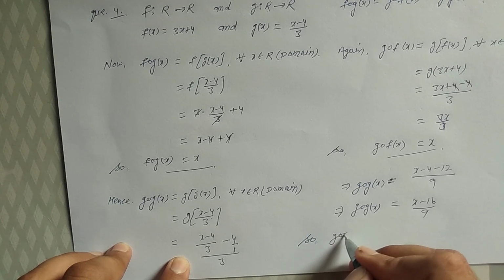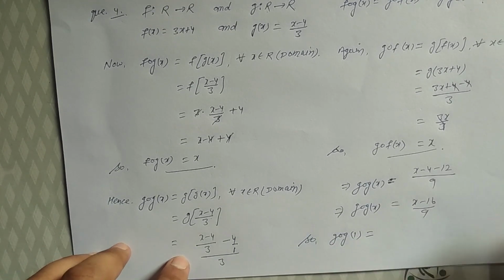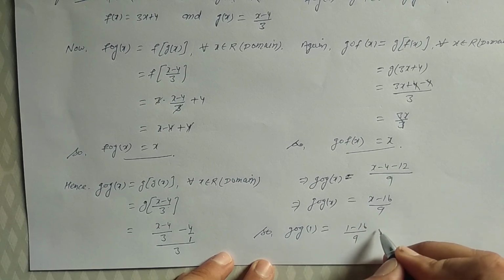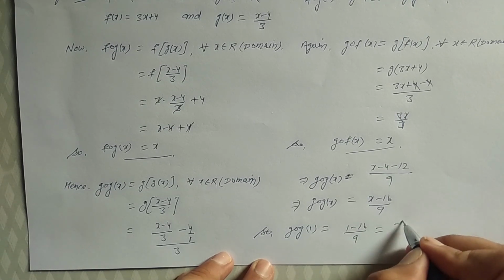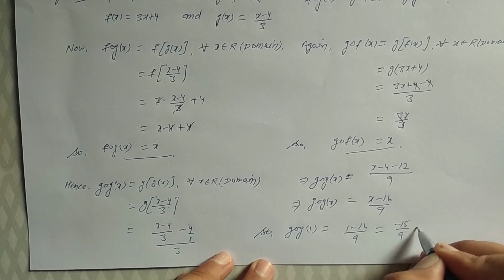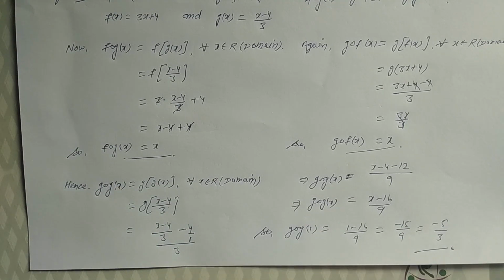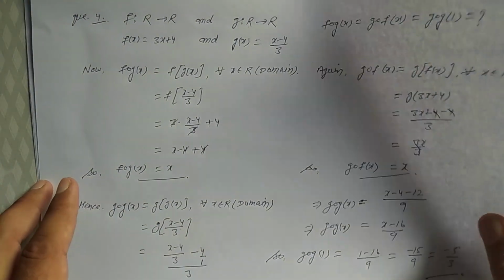So gog(1) is equal to (1 - 16)/9, which is -15/9, which is equal to -5/3. That is the answer. Next question.